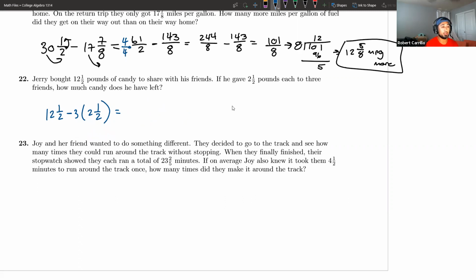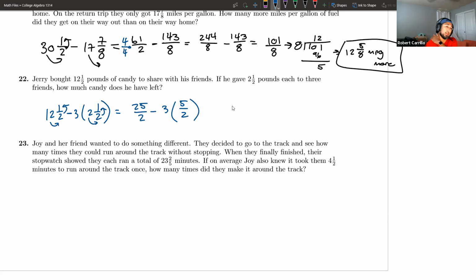And now we'll just convert to improper then. 12 times 2 is 24. 24 plus 1 gives me 25 over 2. Minus 3 times, we convert here. 2 times 2 is 4. 4 plus 1, 5/2.